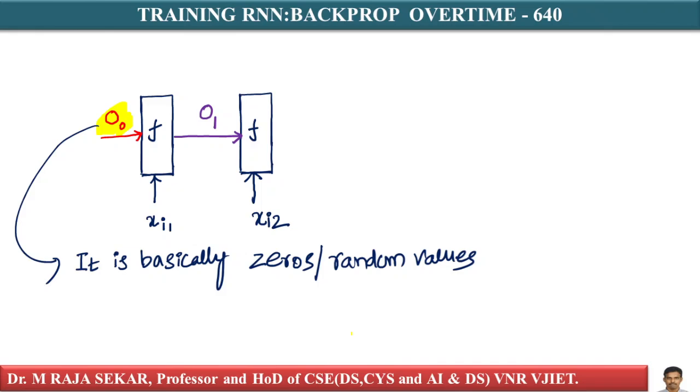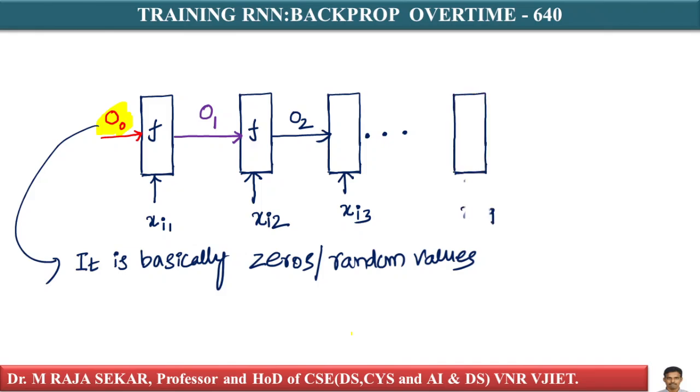Actually, these are my activation units. I have xi1, xi2, xi3, xi4, and so on, up to xi9. O8 is an input to the same function f, and it generates an output.